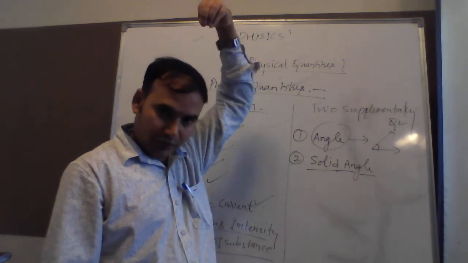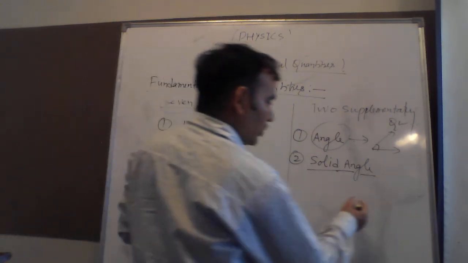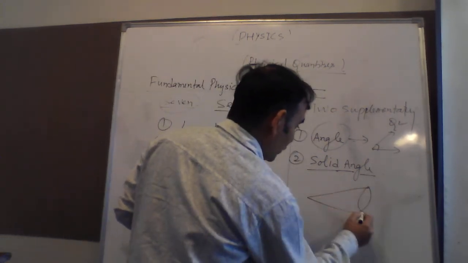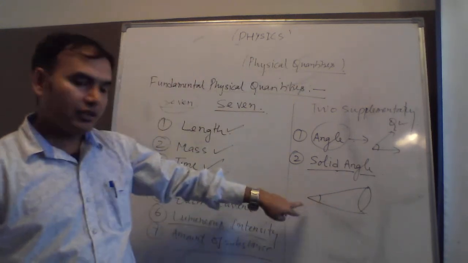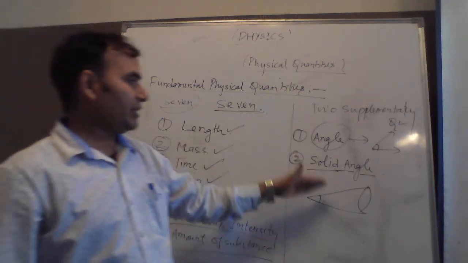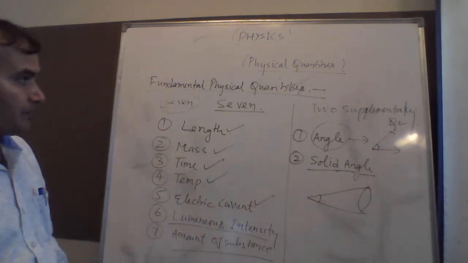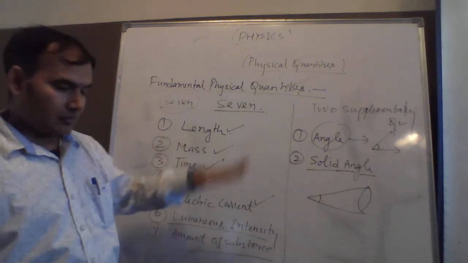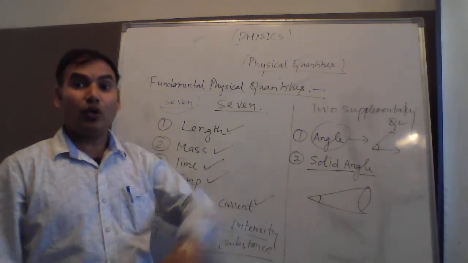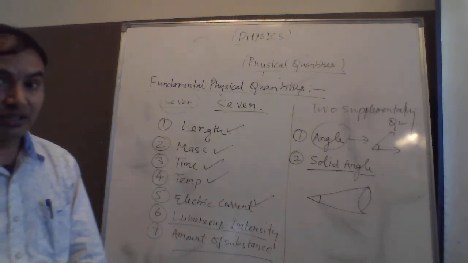The top of your cap is like this. This round angle is called the solid angle. Cone, you can understand. This is the solid angle. So 7 fundamental quantities, 2 supplementary quantities. This is about the physical quantities. Except these 7 fundamental and 2 supplementary, all the physical quantities are derived.